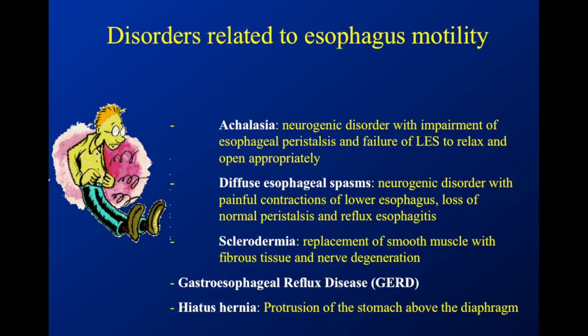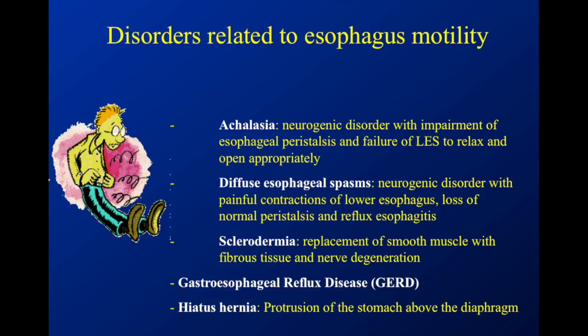Scleroderma is where fibrotic tissue is found everywhere because the smooth muscle becomes fibrous, and that prevents contractions from happening altogether. The most common of all these is gastroesophageal reflux disease. I mean, everybody feels it at some time, but some people suffer from it chronically to the point of damage to the lower esophagus and the esophageal sphincter, which then perpetuates.